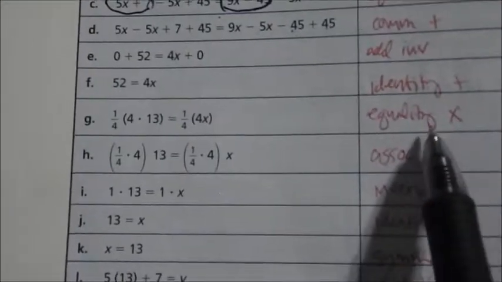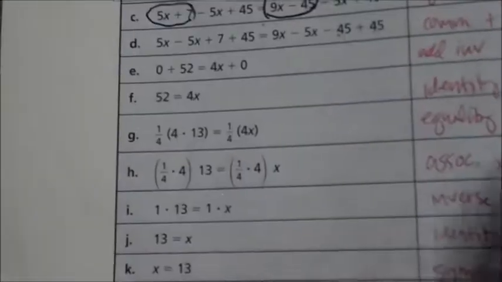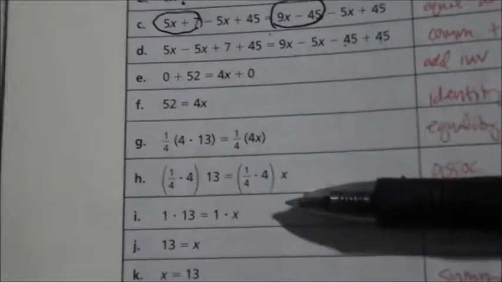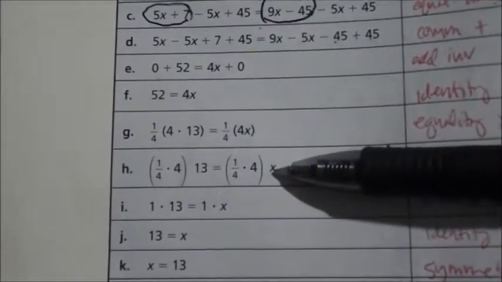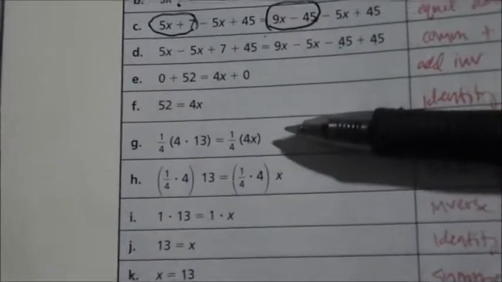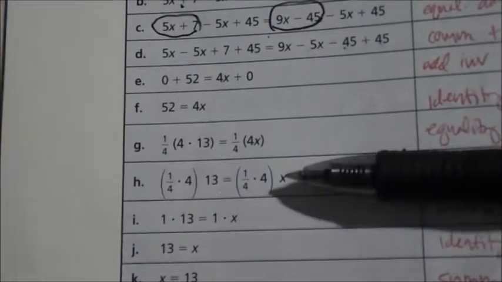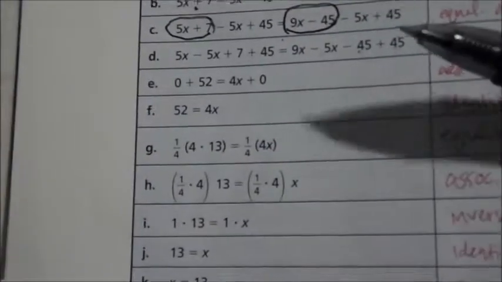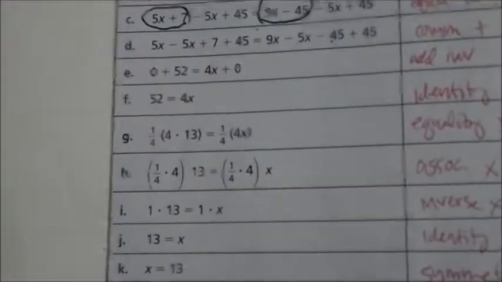So that's the equality property of multiplication. So you work your way through it, and you're always taking the first line and seeing what changed to the next line. Once you figure out what has changed, you figure out what justifies your reasoning for being able to change that. And then that's the property that you do.